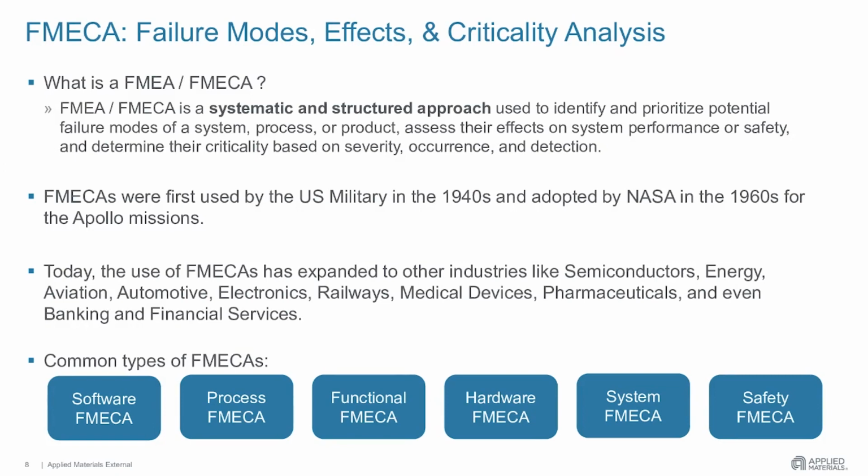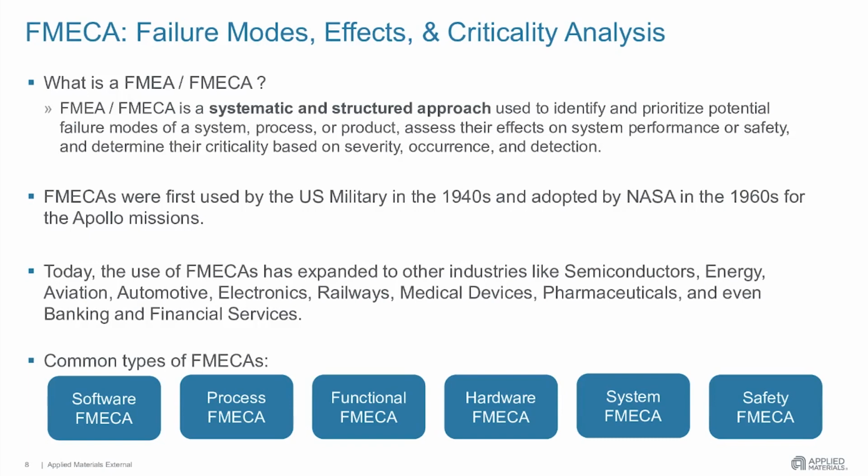FMECA stands for Failure Modes, Effects, and Criticality Analysis. Some of you may know it as an FMEA. Although the terms are really used interchangeably these days, there is a difference between the two.